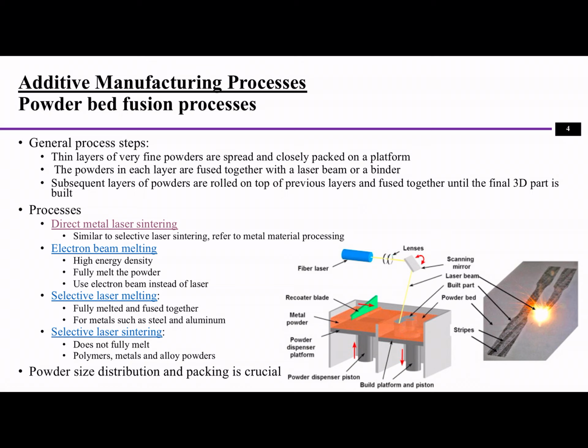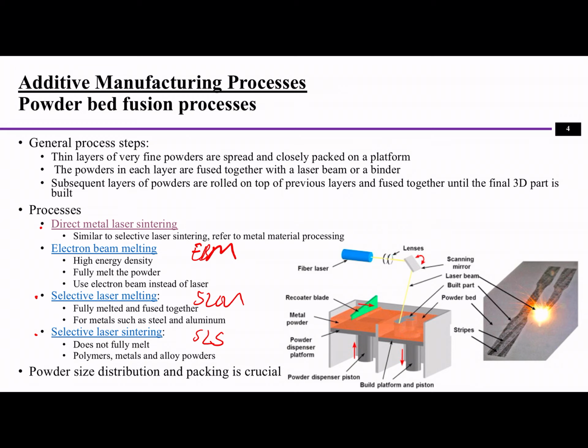There are multiple processes. We're gonna go through each of them in the videos with you: direct metal laser sintering, selective laser melting, and selective laser sintering. So this is SLM, this is SLS we typically see, and this is the EBM we typically see, and these processes are kind of similar.